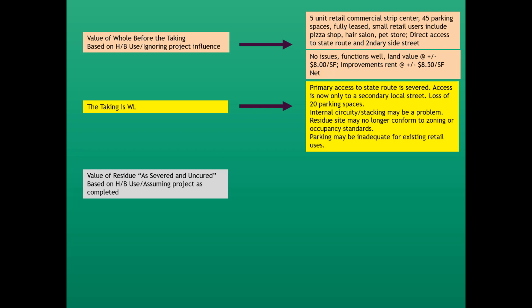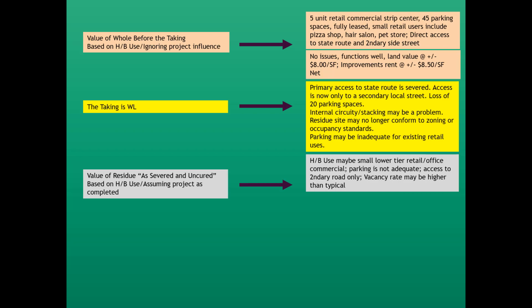So now let's look at the residue as severed and uncured based on its highest and best use, assuming the project is completed. So the highest and best use may be smaller, low-tier retail, office, commercial uses. Parking probably isn't adequate. Access is to the secondary road only.